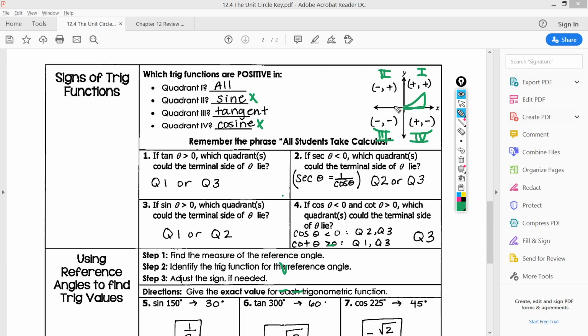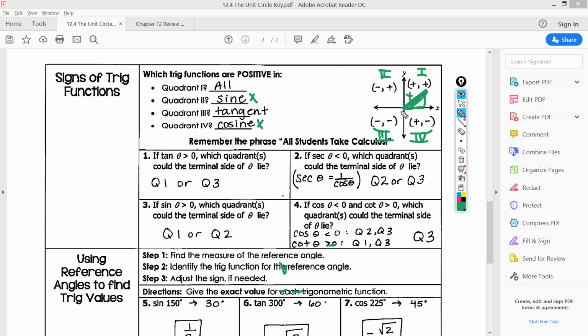Okay, so tangent, for these purposes, think of tangent as the hypotenuse. And ask yourself, is the slope of this line positive or negative? It's positive, right?